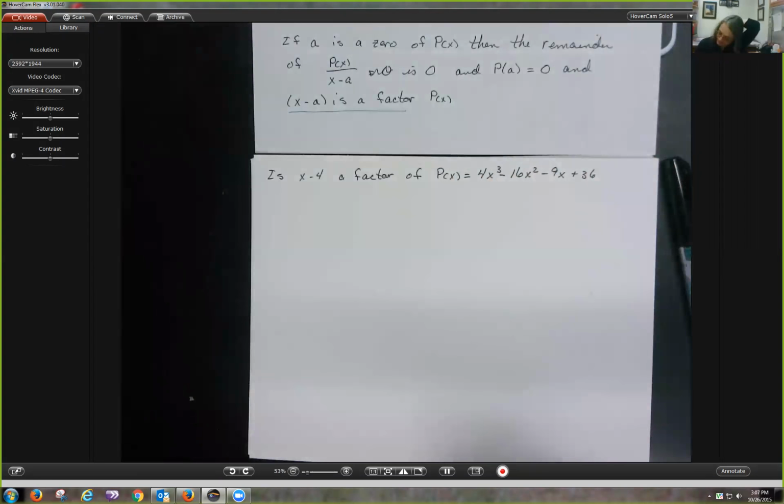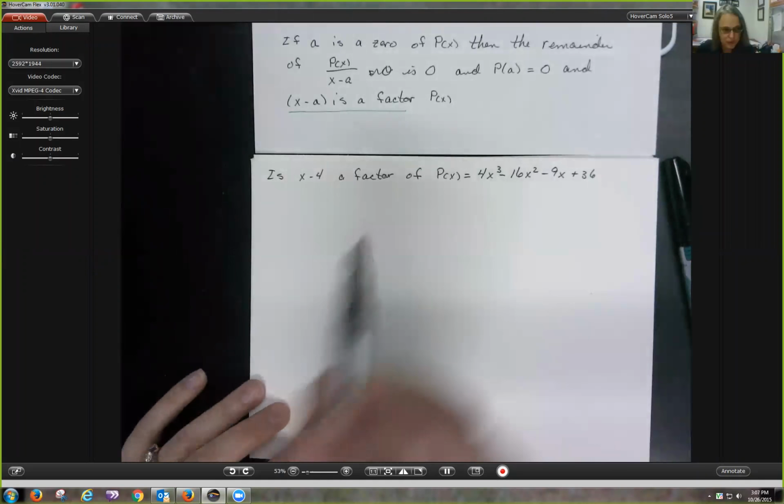Now I'm looking at this one, and it will factor. So I could actually factor this polynomial, and I can see that there's a pretty good chance that x minus 4 is going to be a factor. But let's suppose that you're not very practiced at factoring, and you don't want to try to factor this thing.